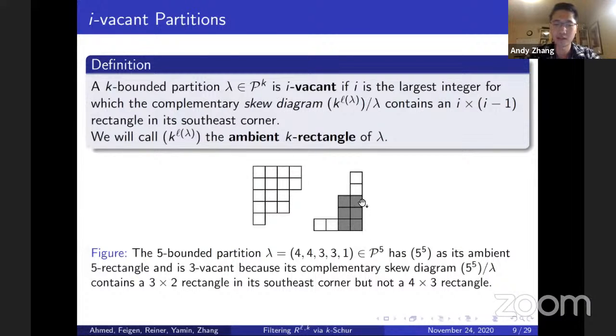And 3 is the largest number for which an i by i minus 1 rectangle can be fitted inside the complementary diagram. This definition may not seem natural at first glance, but please allow me to explain it in the next slide.